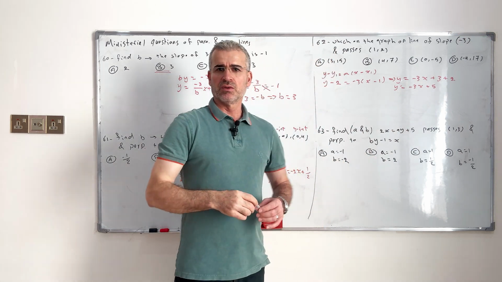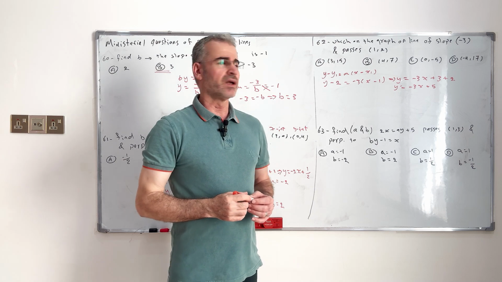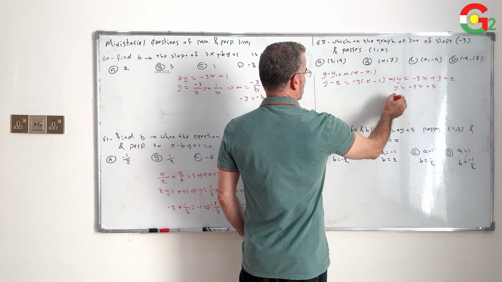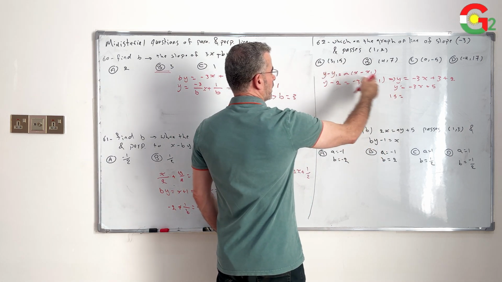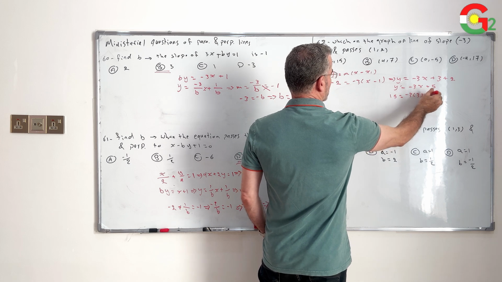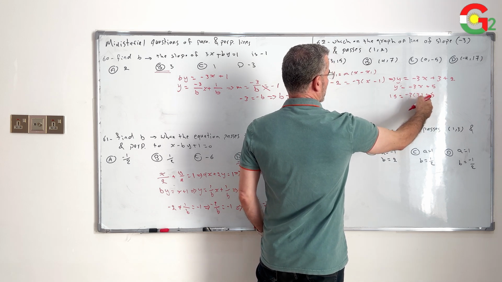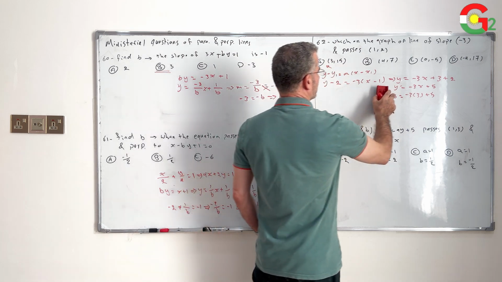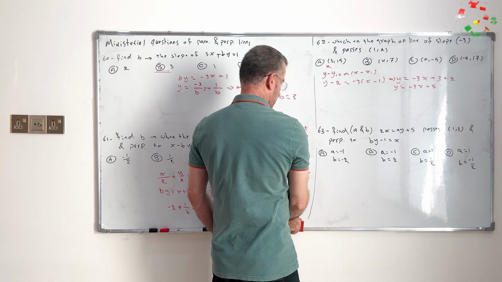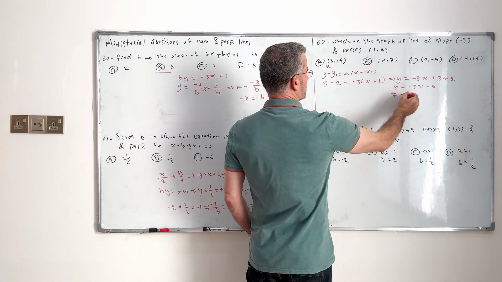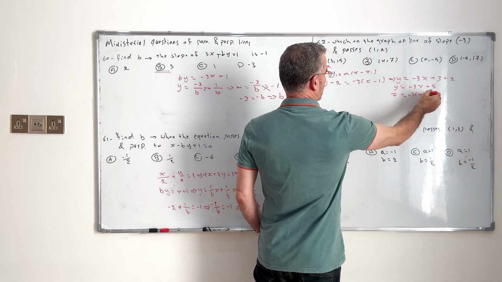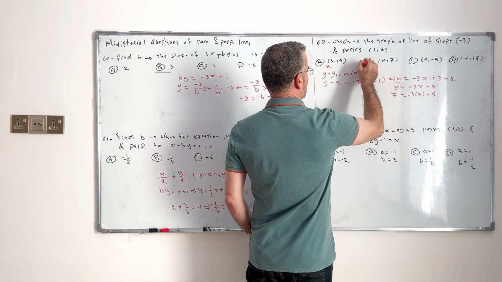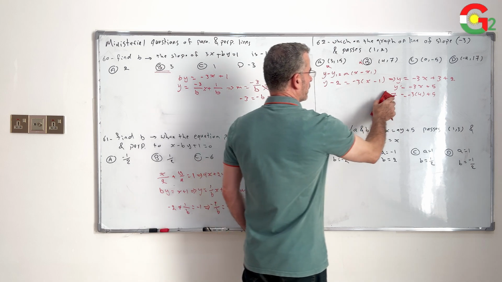Then substitute the points one by one to find which point is on the line. When y equals 15, x equals 3: negative 3 times 3 plus 5 is minus 9 plus 5, it is not satisfied. The second point, when y is 7, x is 4: negative 12 plus 5 is negative 7, not 7, also wrong.